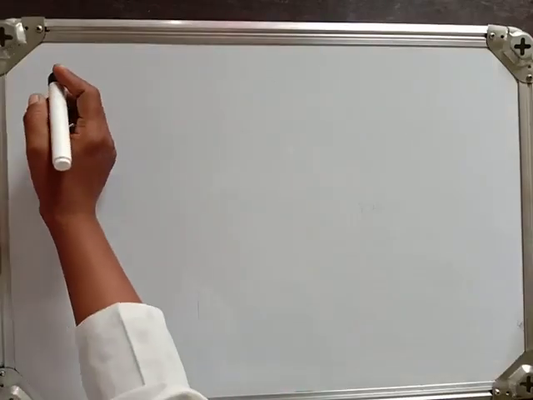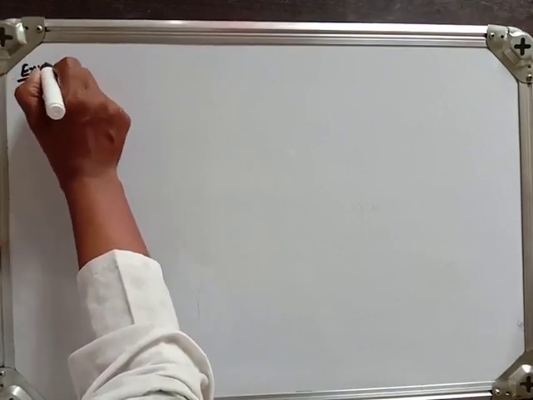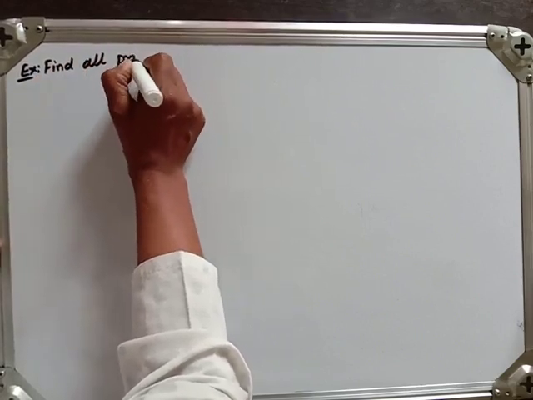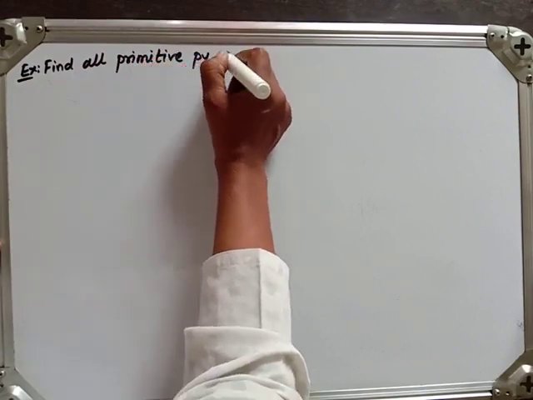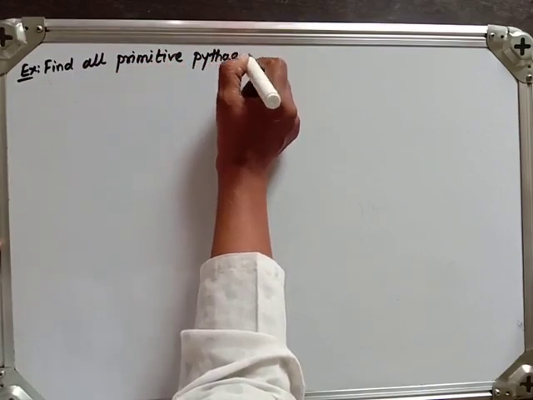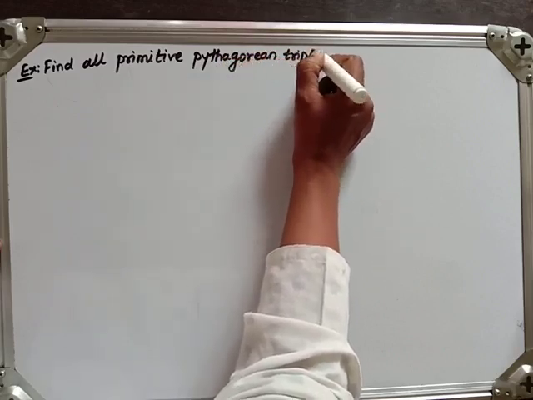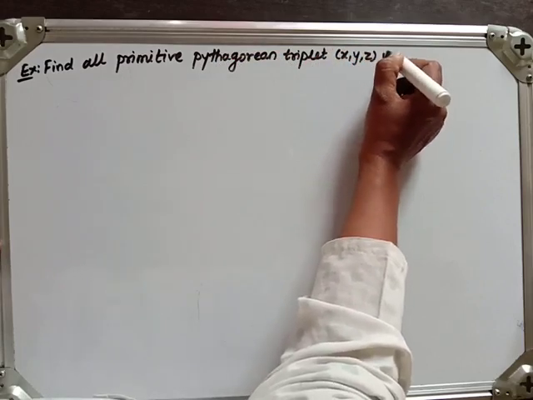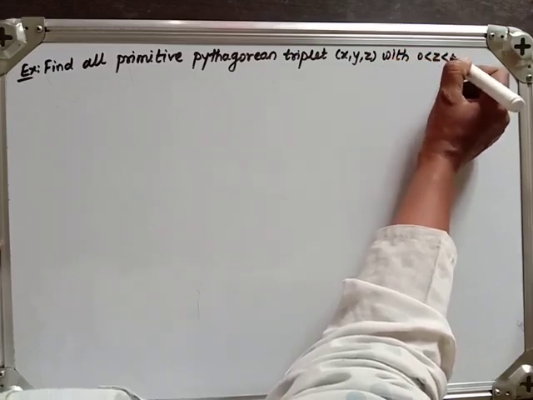Hello students, now let's see some examples on primitive Pythagorean triplet. Example: find all primitive Pythagorean triplets x, y, z with 0 < z < 50.